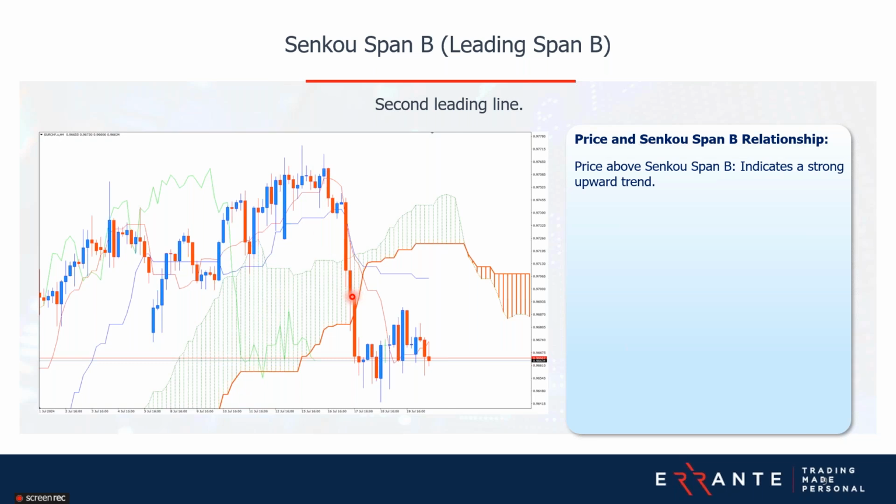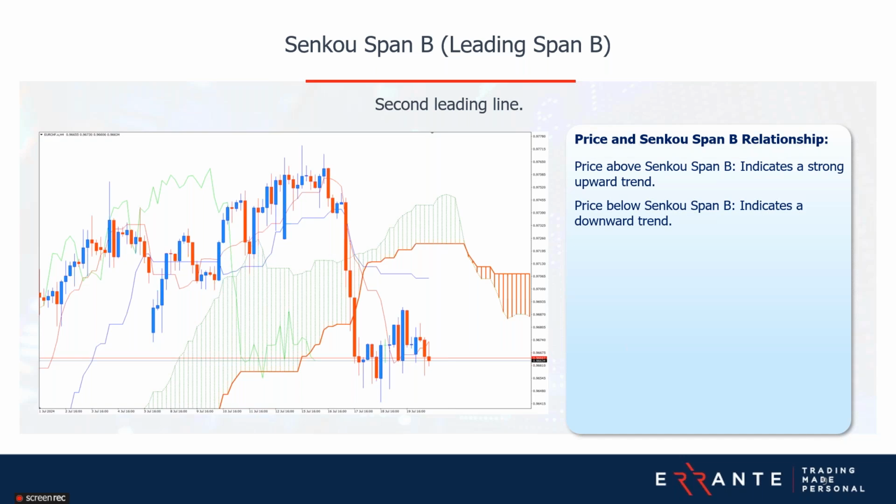Okay, so when we have a crossing below the Senkou Span B, it means we are not going to buy the market unless we get another sign or confirmation that can validate a change in the momentum. Okay, so the price below the Senkou Span B is our next discussion.